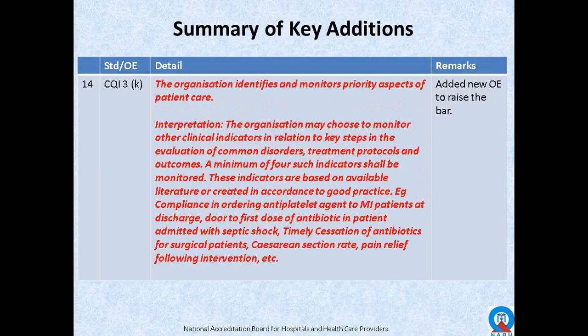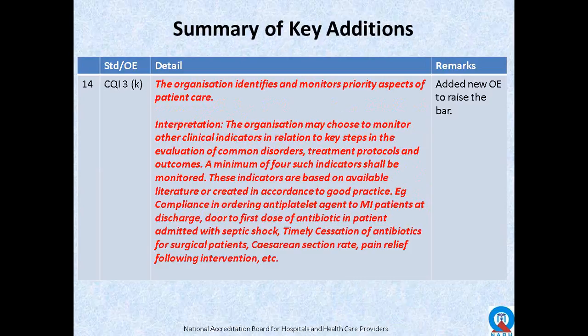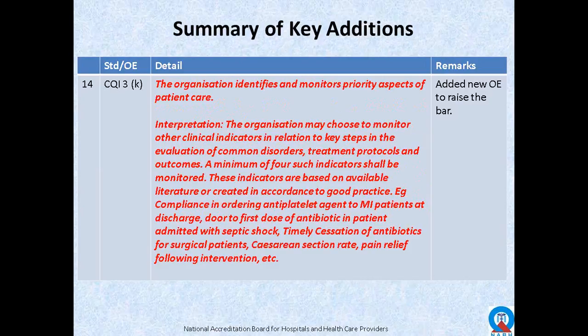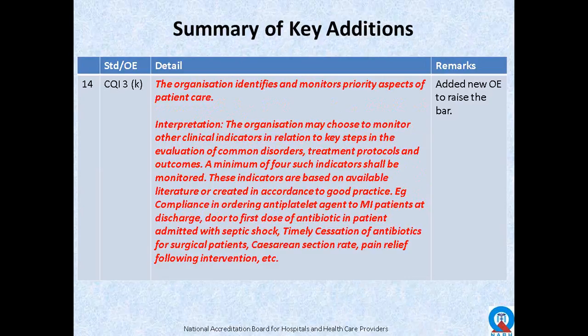The organization identifies and monitors priority aspects of patient care. This is a new objective element added to raise the bar. The organization may choose to monitor other clinical indicators in relation to the key steps in the evaluation of common disorders, treatment protocols, and outcomes. A minimum of 4 such indicators shall be monitored, and these indicators are based on available literature created in accordance with good practices.